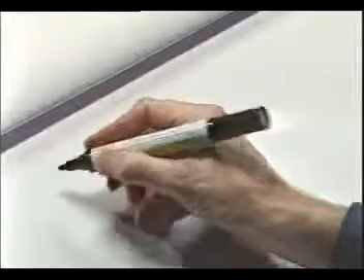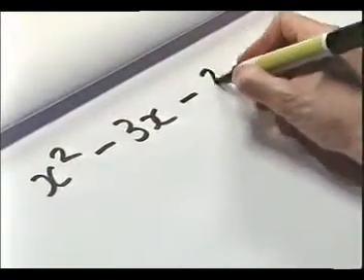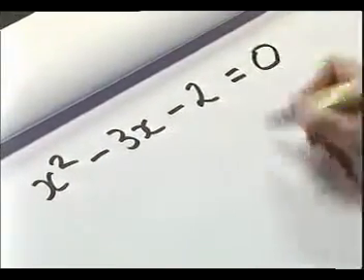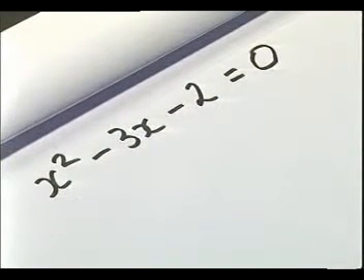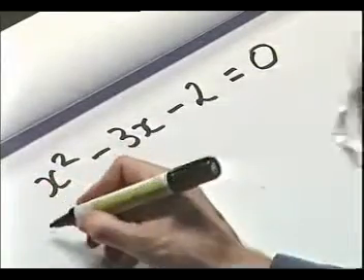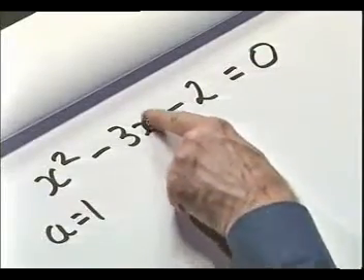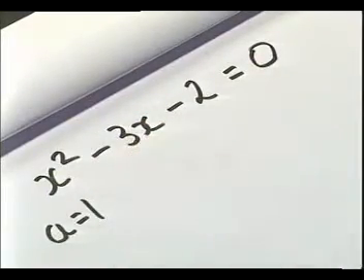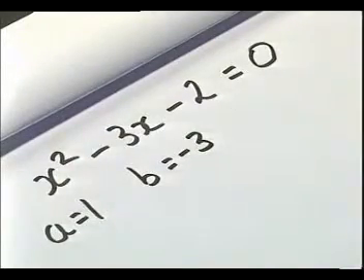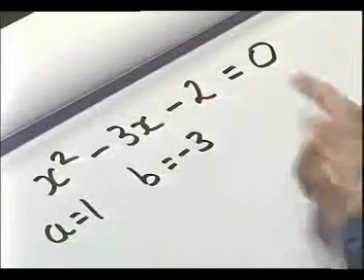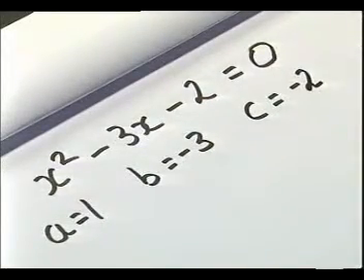So the equation that we had was x squared minus 3x minus 2 equals 0. Let's begin by identifying a, b and c. There's 1x squared, so a must be equal to 1. b is the coefficient of x, and that's minus 3, so b equals minus 3. c is the constant term, and so here c is equal to minus 2.